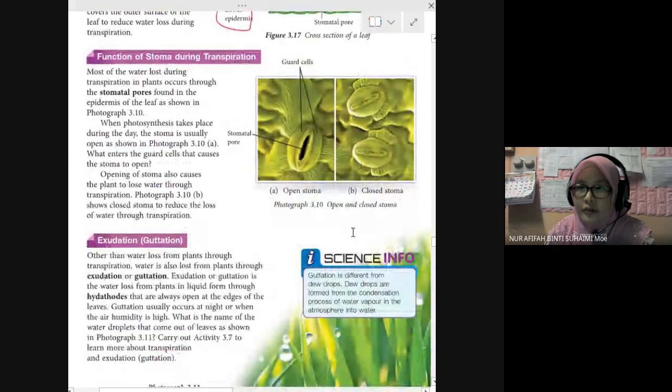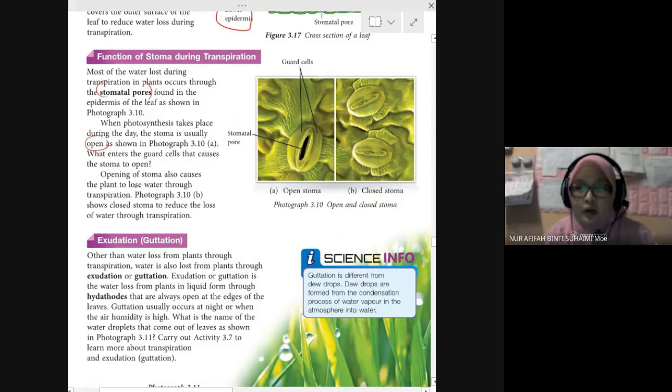Function of stoma during transpiration. Most of the water loss during transpiration is through stomata found at the epidermis of the leaf, mostly at the lower surface of the leaf. When photosynthesis takes place during the day, the stoma open. You already learned it. Opening of stoma causes the plant to lose water through transpiration.